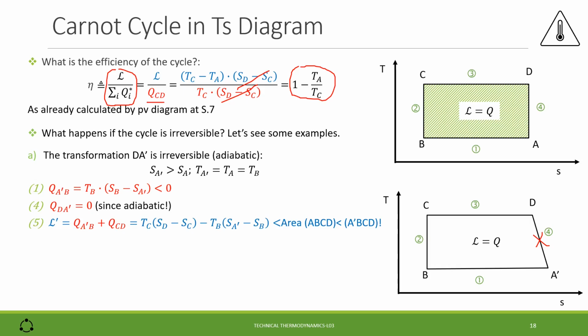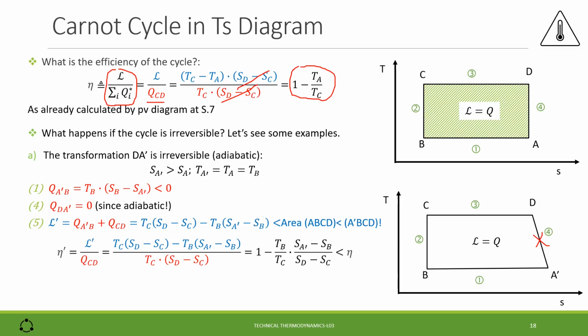The new work L' is the sum of the heats, and we can express it in the form written in blue. We recognize this expression is not the area ABCD, and neither the area of the cycle.